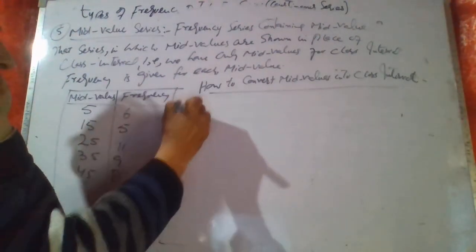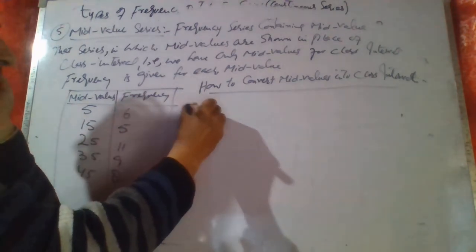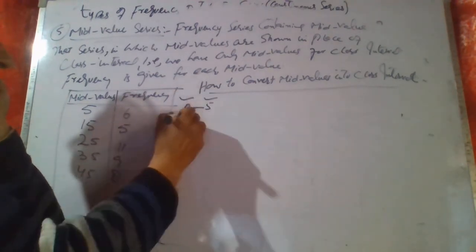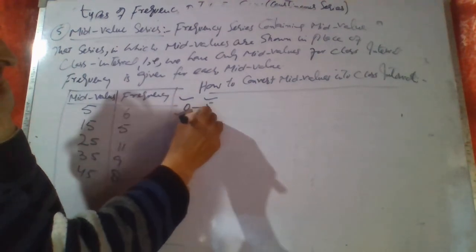As we know, a class interval has two limits, a lower limit and an upper limit. For example, in the series 0 to 5, 5 to 10, we have lower limit and upper limit. So we have to change these mid-values into lower limit and upper limit.